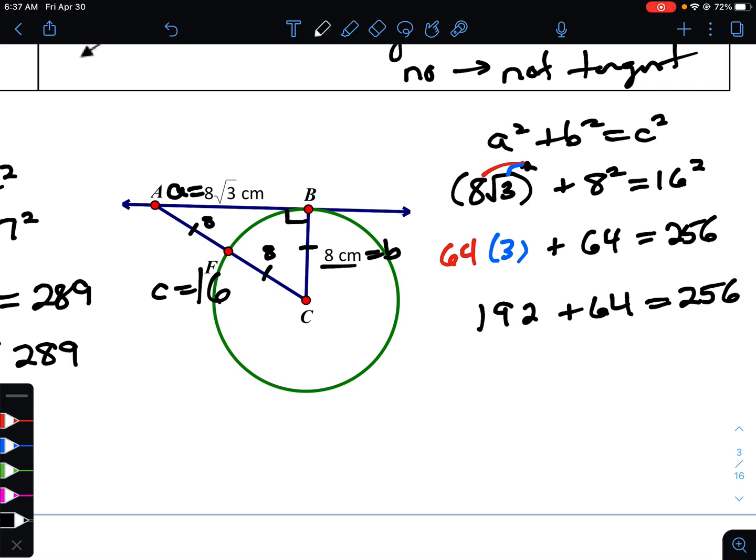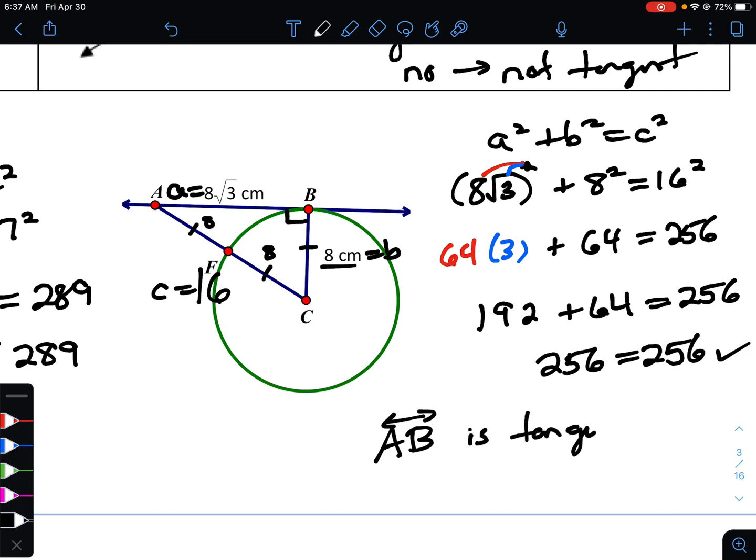Adding those together, 192 plus 64 is 256. So we do end up with 256 equals 256. They are in fact equal to each other. What that means is that line AB is in fact a tangent line.